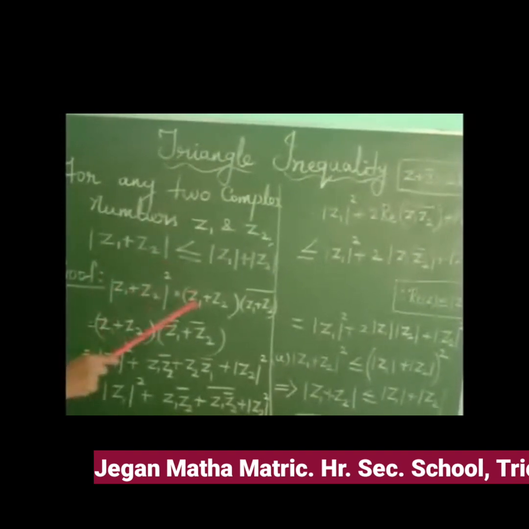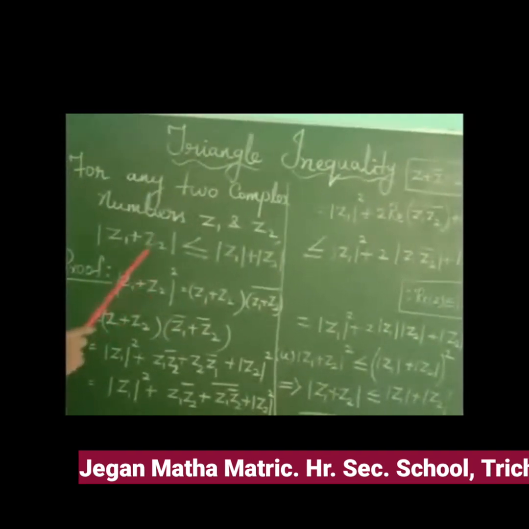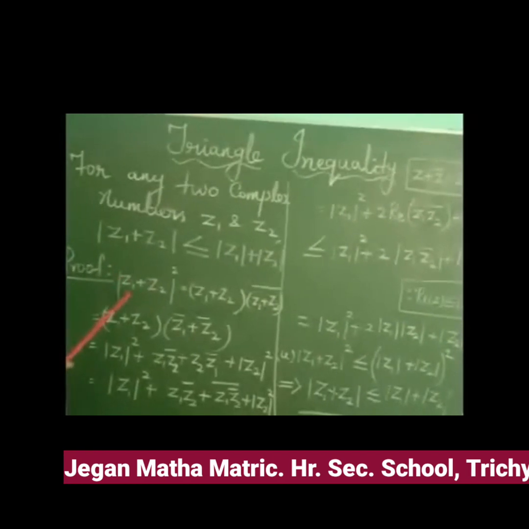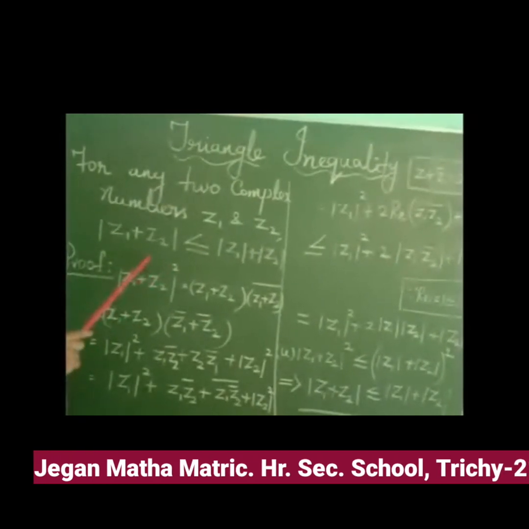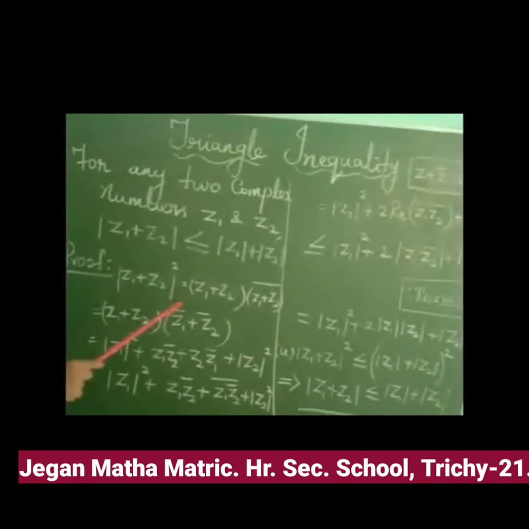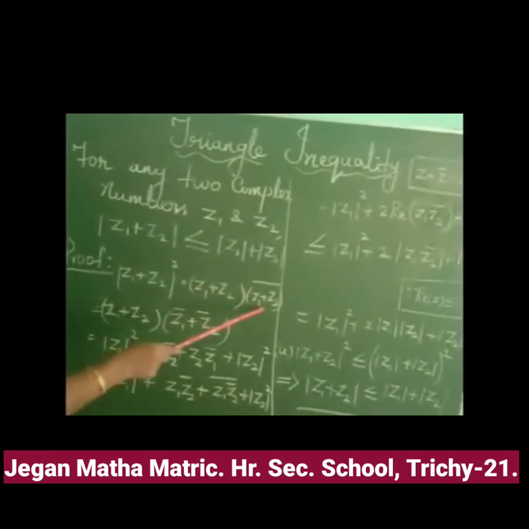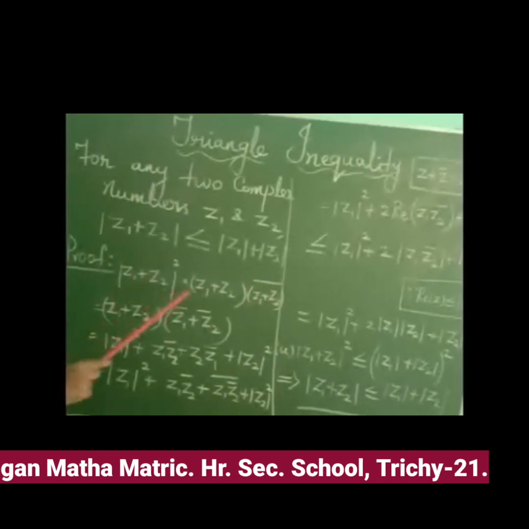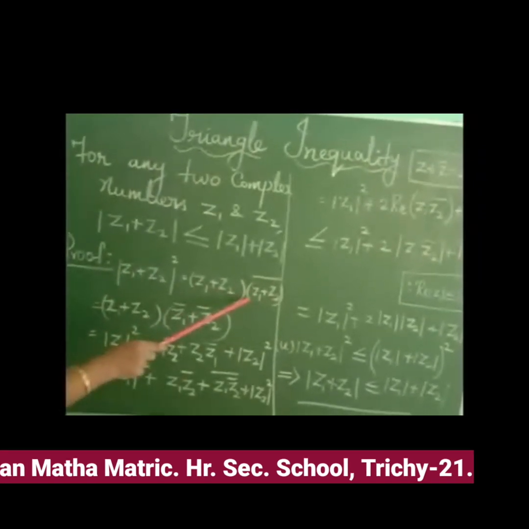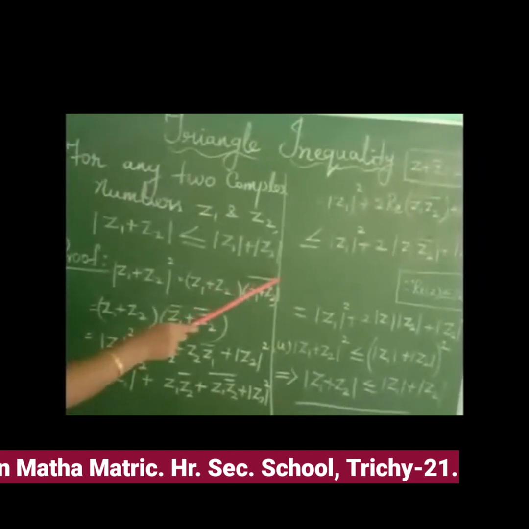To prove the result, we take the square of the left side: modulus of z1 plus z2 the whole square. We know modulus of z square can be written as z into z bar. Here we consider this as a single value. So z1 plus z2 into z1 plus z2 the whole bar.